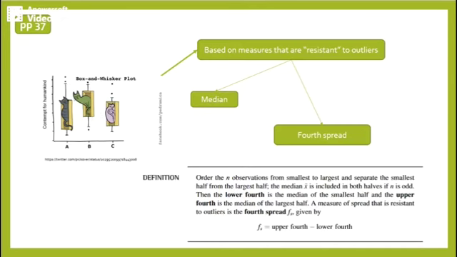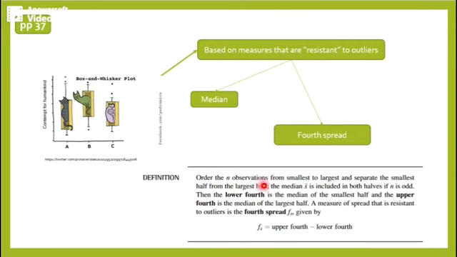That is the difference between the upper fourth and the lower fourth. Now, what is the upper fourth and the lower fourth? The upper fourth is basically my third quartile, and the lower fourth is my first quartile. So let us just read through the definition.